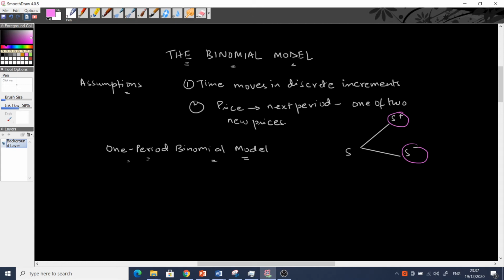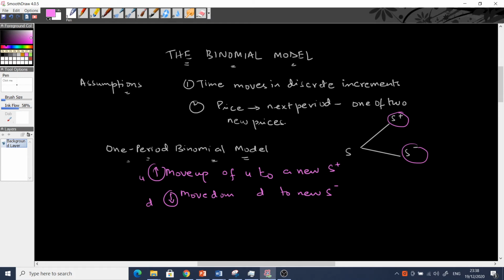So the price moves up basically by a factor of u to a new s plus, and it moves down by a factor of d to a new s minus, right? Moves up for u, down for d. It's pretty easy to understand, right?